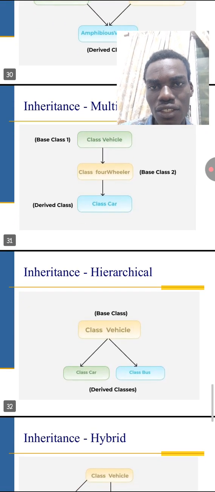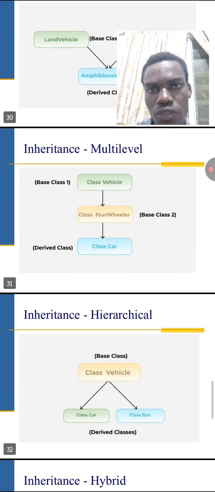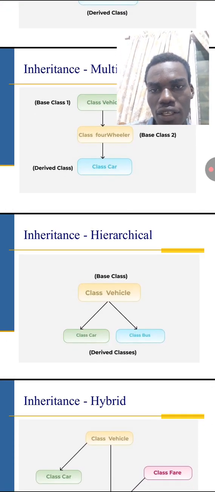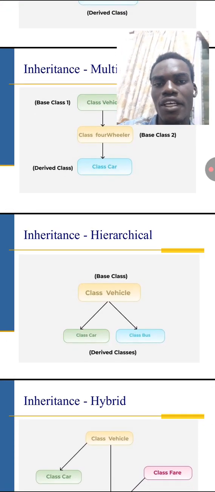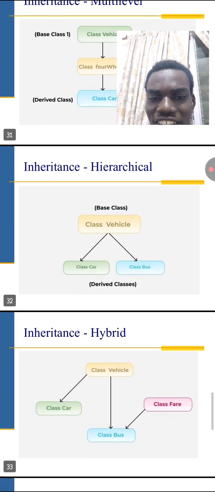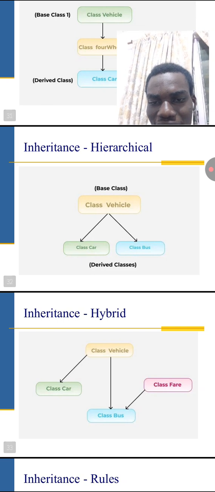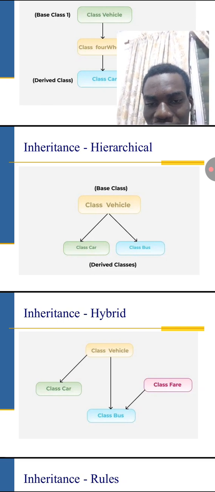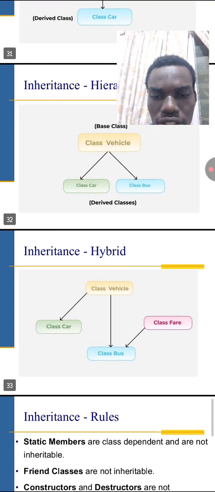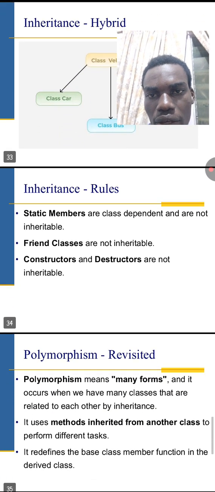So there's an example of multi-level inheritance, and then we have hierarchical inheritance, and the hybrid inheriting from different base classes.